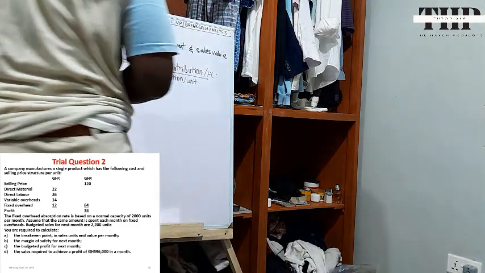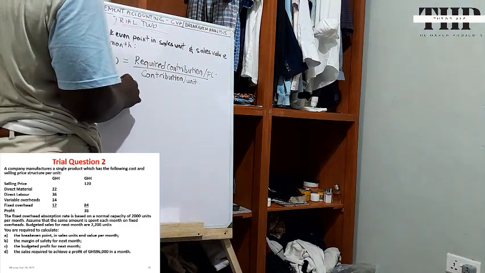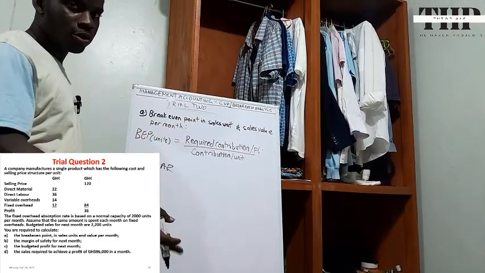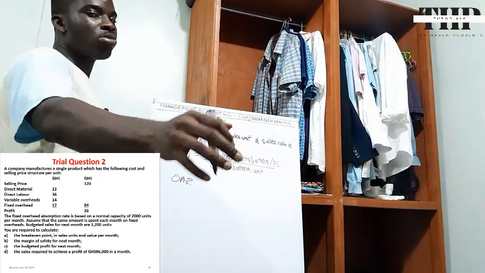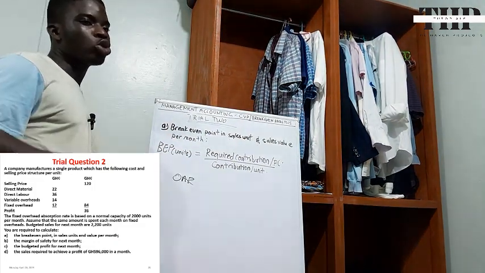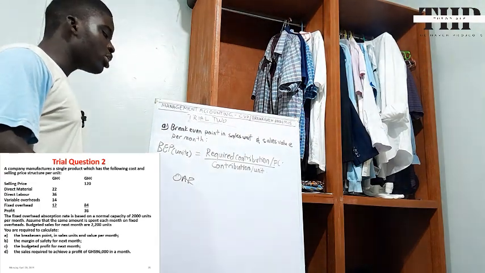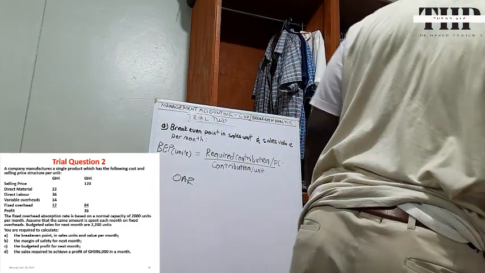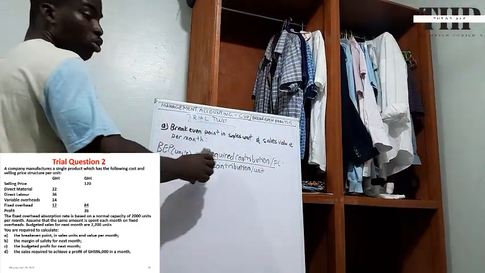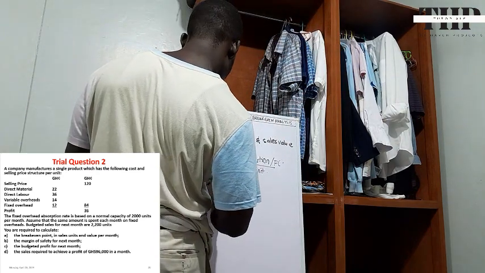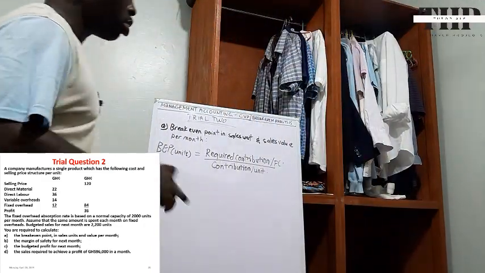And when we are given the OAR, we can use that to determine the total fixed cost at the normal activity level for the firm, which was 2,000 units. So you just need the fixed overhead per unit times the 2,000 units to get our required contribution. So 12 times 2,000. That's a good question.